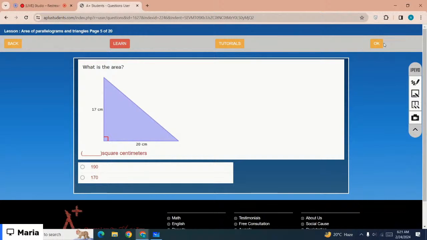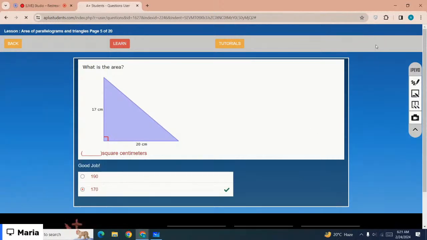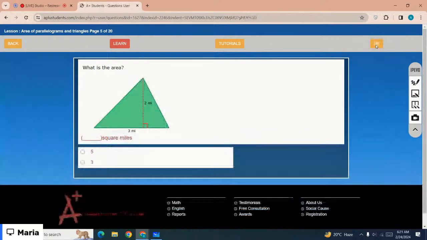Which is the correct option? That is 170 square centimeters. Half times base times height you have to use, right? So that is 170 square centimeters.